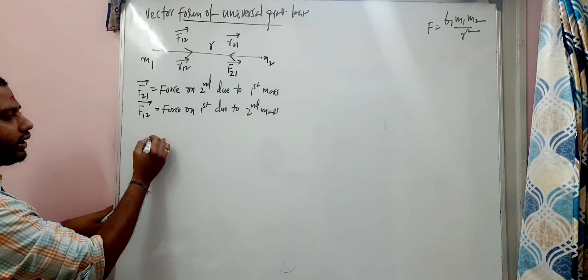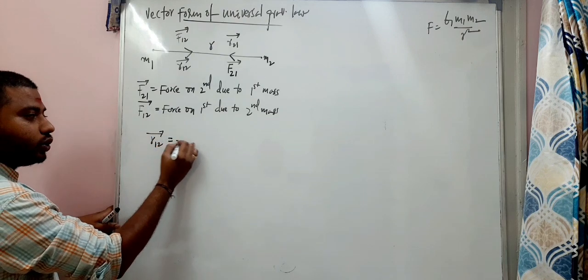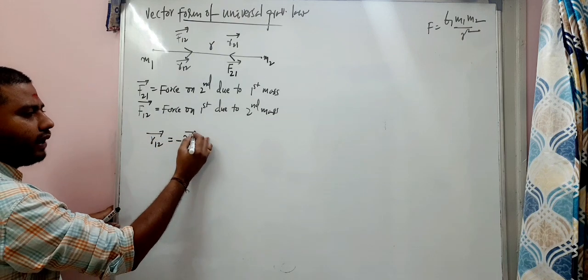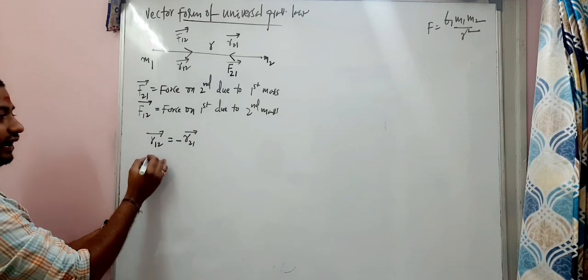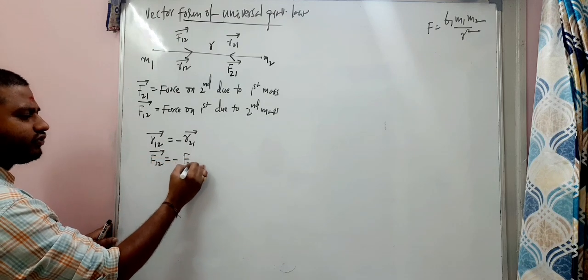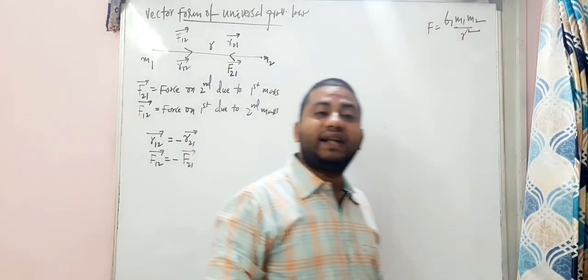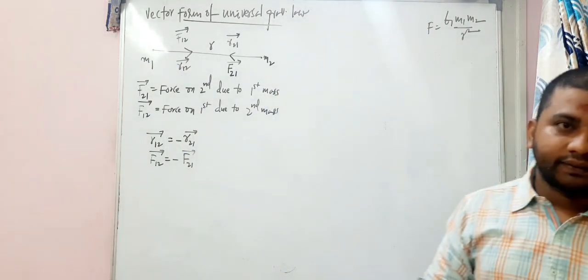From here I can write R12 bar is equal to minus R21 bar, and in the same way F12 bar is equal to minus F21 bar. Both have the same magnitude, but the direction is different.